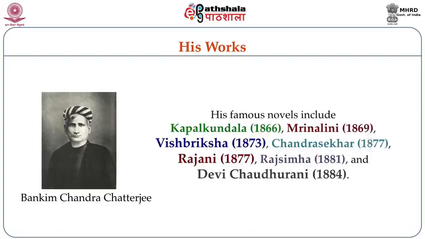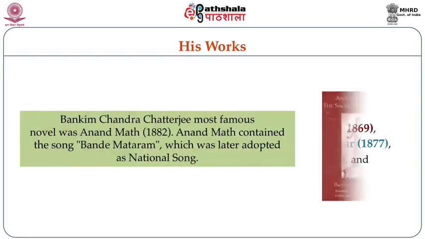His famous novels include Kapal Kundala 1866, Mrinalini 1869, Vishabriksha 1873, Chandrasekhar 1877, Rajani 1877, Rajsimha, which is his historical novel published in 1881, and Devi Chaudhurani, published in 1884.